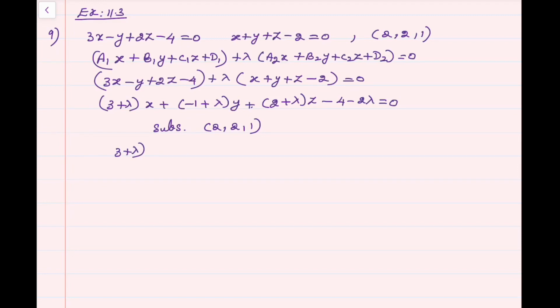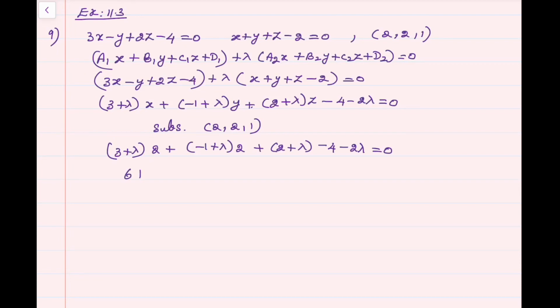3 plus lambda times 2, minus 1 plus lambda times 2, y coordinate is also 2, 2 plus lambda into 1, minus 4 minus 2 lambda is equal to 0.